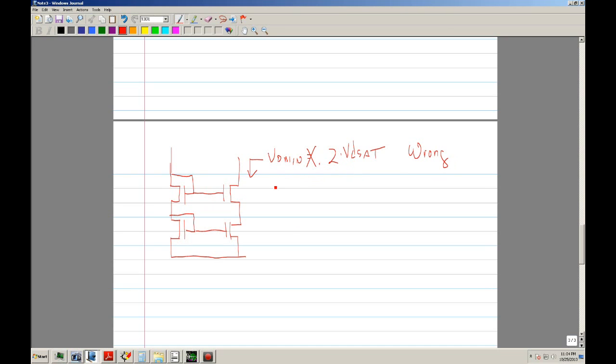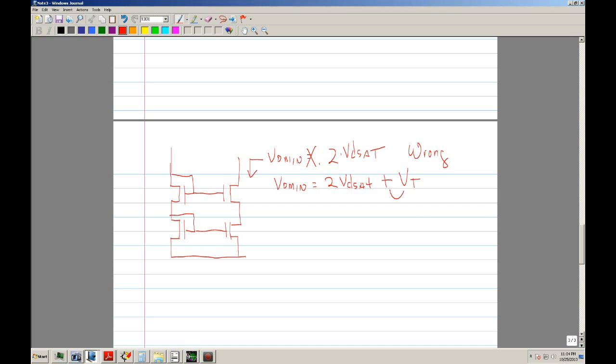The correct answer is Vout min is equal to 2 VD-sats plus a VT voltage.